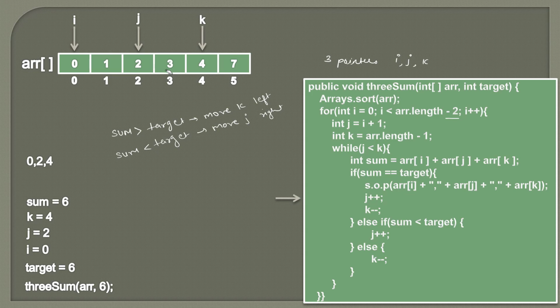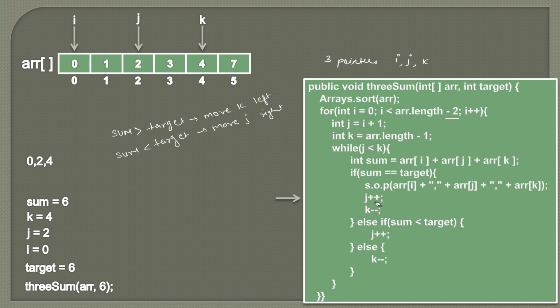But here, as these are distinct integers, when we increment j, we will never find any other triplet whose sum will be equal to target. So 0 plus 3 plus 4 will give us sum as 7. So to keep k at this position is also useless. So we decrement k also.